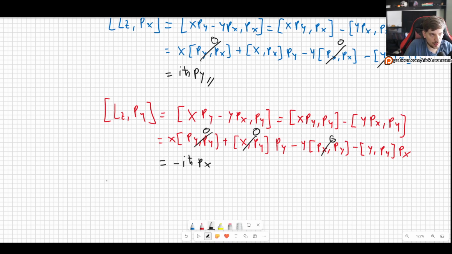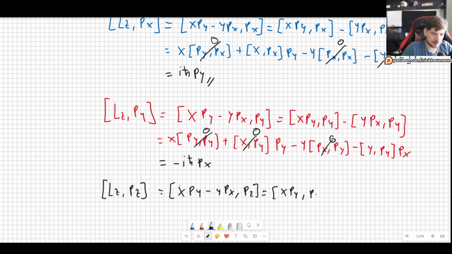So next we want to calculate Lz, pz. So here what we're going to do is, well, the same. Surprise, surprise. So xpy minus ypx, comma pz, we separate this into xpy, comma pz minus ypx, comma pz. And again, we use the same property.